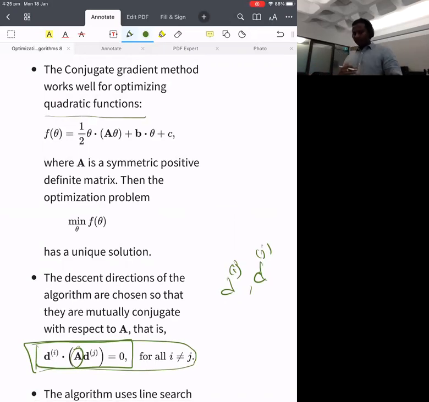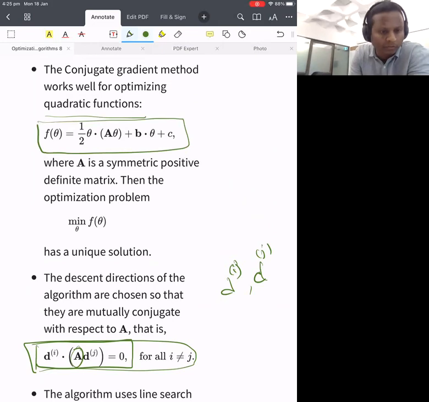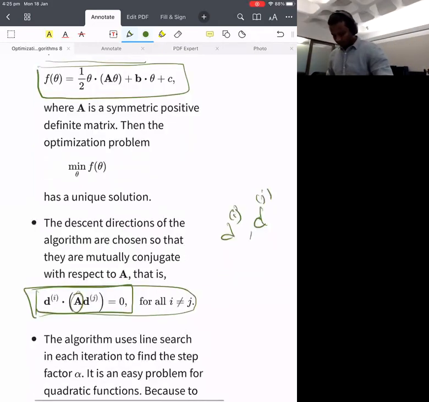So this algorithm is proposed for quadratic functions. A quadratic function is of this form, and I'm sure you are familiar with that. There is no question.